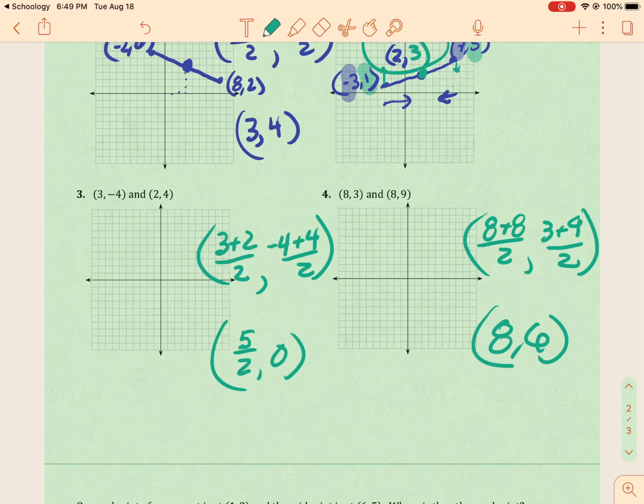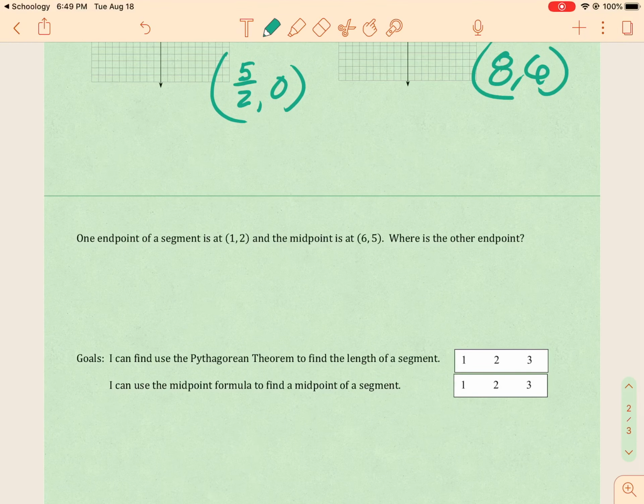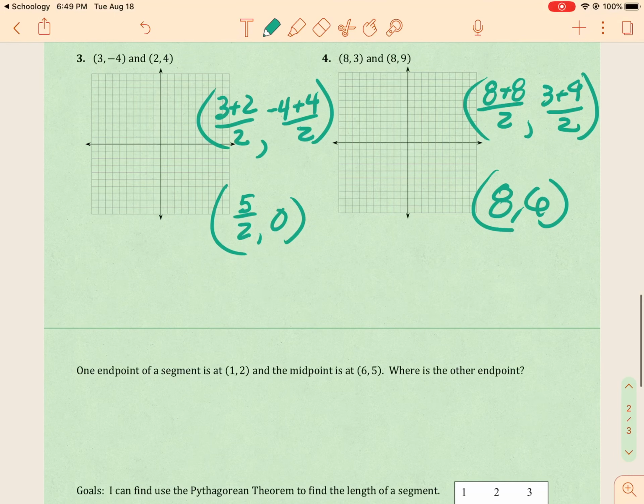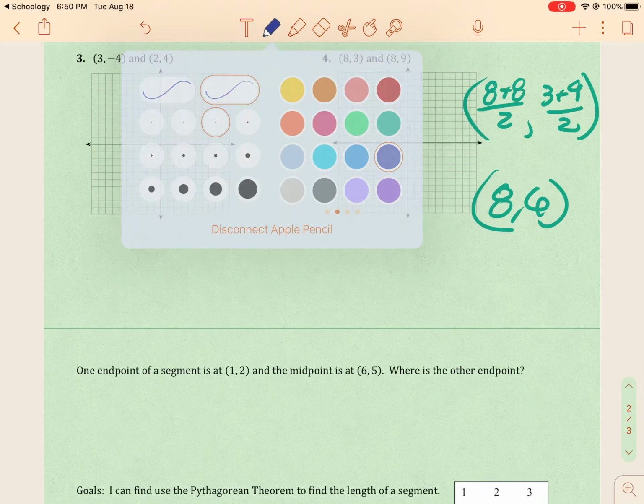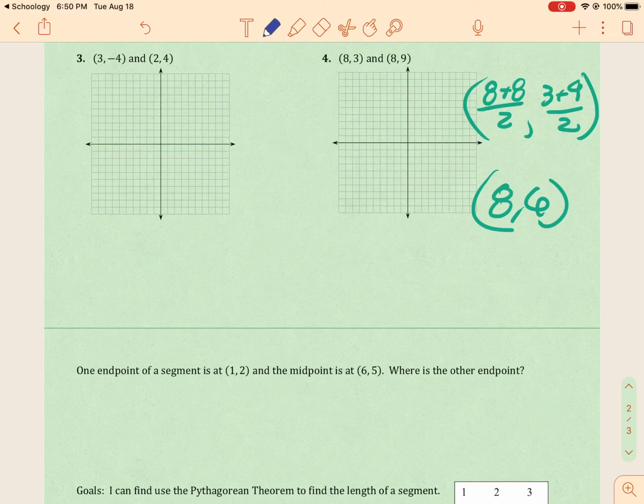One last challenge problem. I'm not going to give you the answer yet, but take a look at this one. It's giving you one endpoint at 1, 2, and then they're giving you the midpoint. So they already are giving you the midpoint. You have to find the other endpoint. So just to kind of use this diagram, this graph, to help you set it up. 1, 2 is right here. 6, 5, which is the midpoint, is right there.